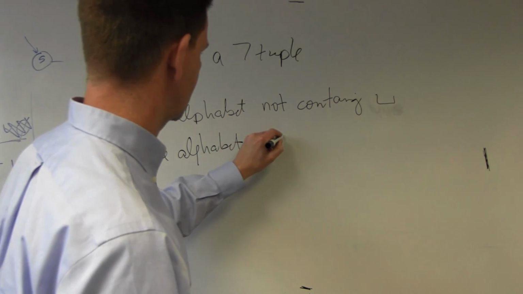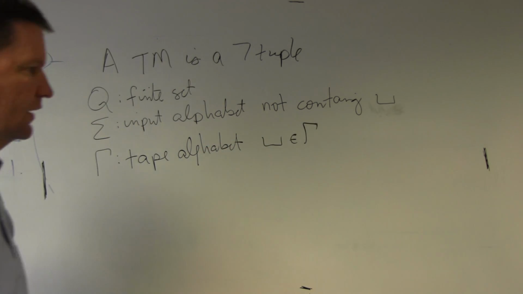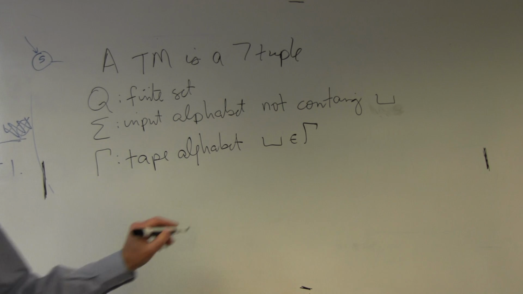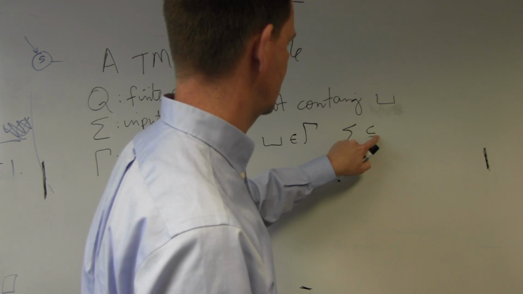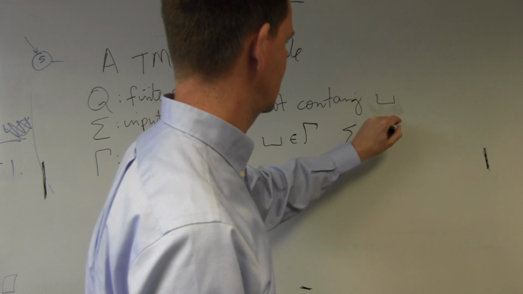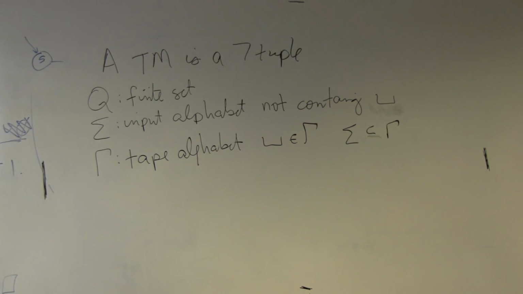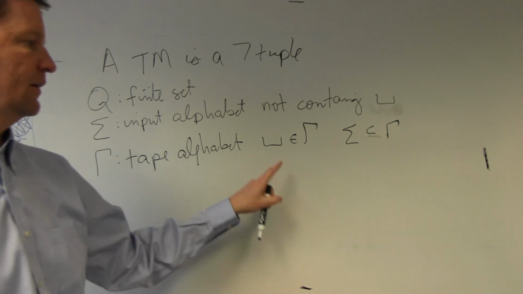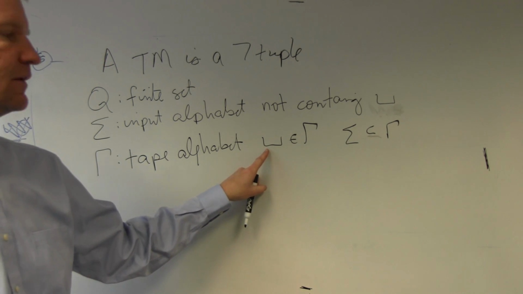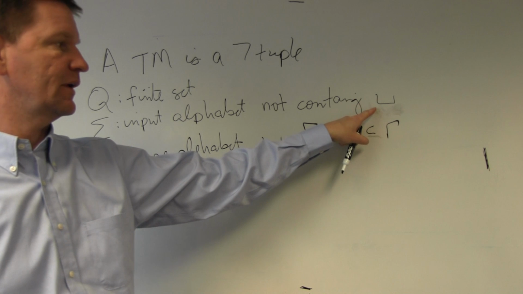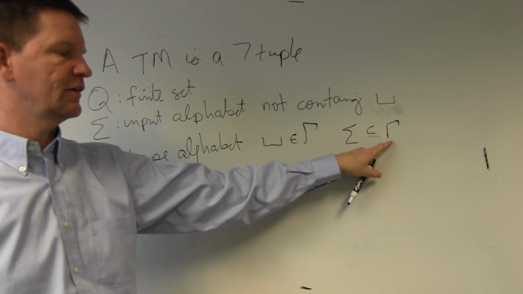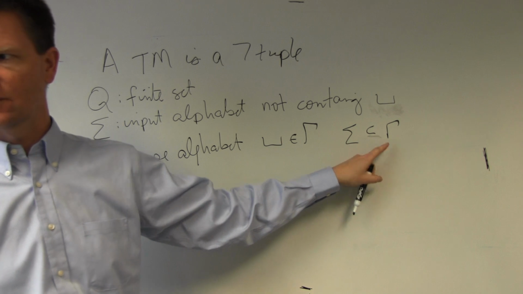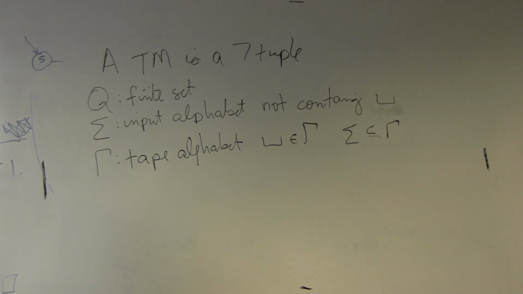And the blank symbol is an element of the tape alphabet, and sigma is a subset of, but can't be equal to, the tape alphabet. So if you think about it, sigma cannot be equal to the tape alphabet because the blank symbol has to be in the tape alphabet, and the blank symbol cannot be in the input alphabet, so this has to be a subset of that, because gamma contains at least one symbol that sigma does not contain.